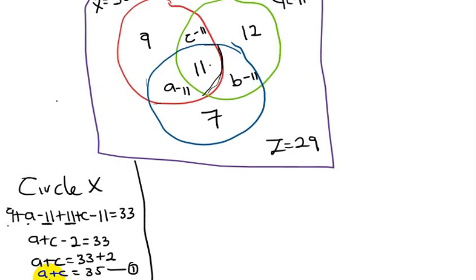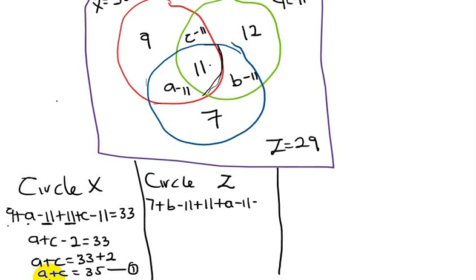Okay. Now we'll pick a second circle, circle Z. So we will add everything in the blue section, equated to 29. So we are going to get 7 plus B minus 11 plus 11 plus A minus 11 being equal to 29.